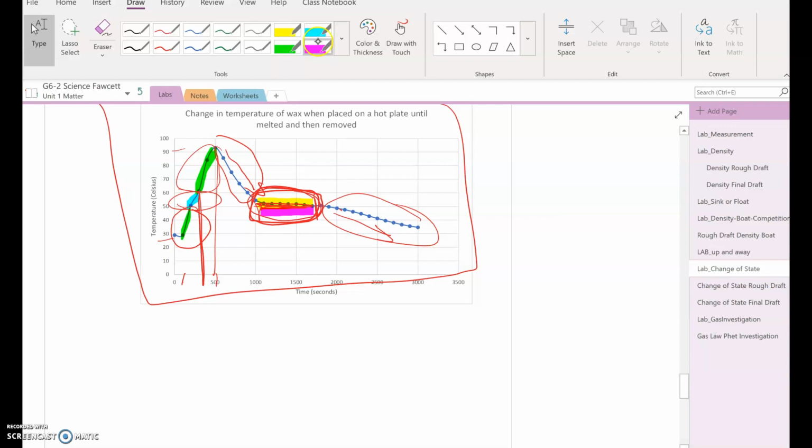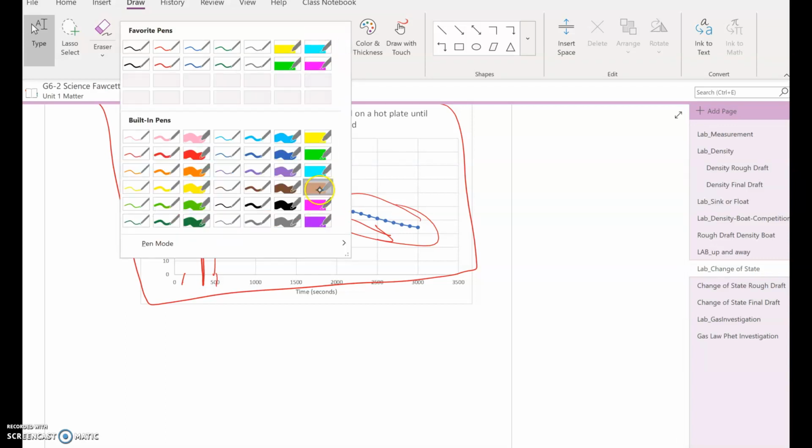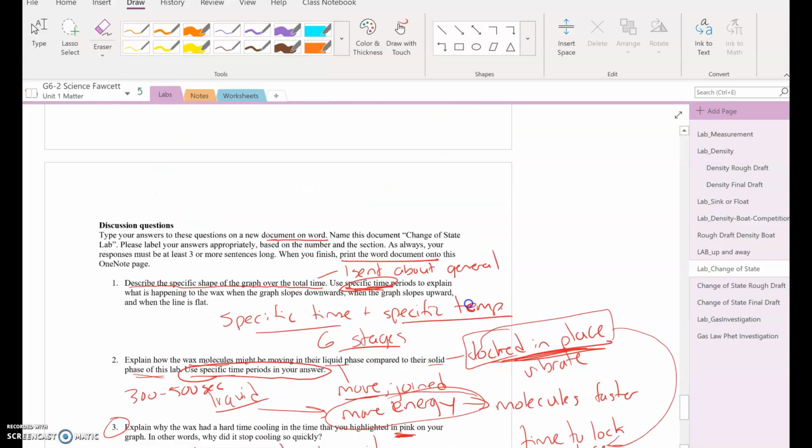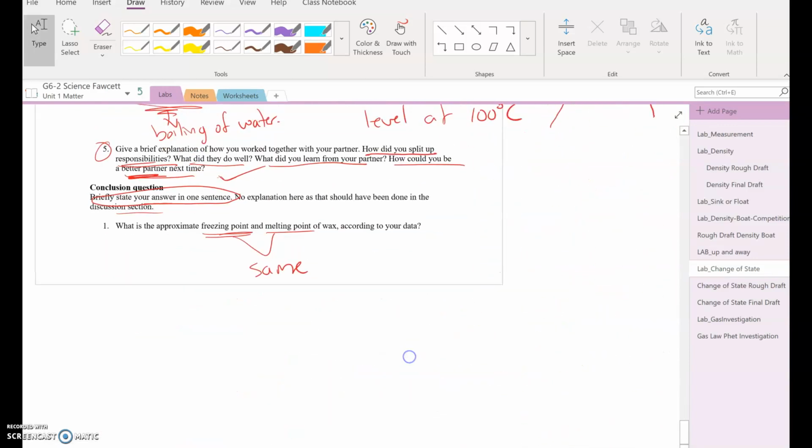But the other place that you can look on your graph where this would show up is both of those transitions are a point where the graph kind of leveled out a little bit. So right about where the graph was leveling off should give you that. You don't need the exact temperature, but the approximate range within 5 degrees for your conclusion.